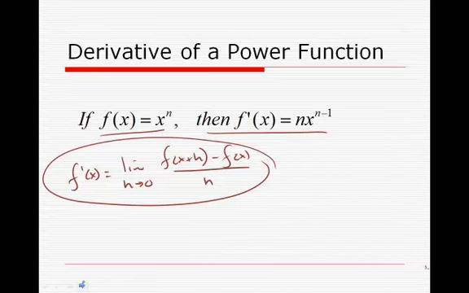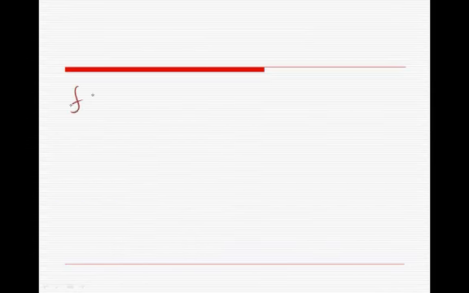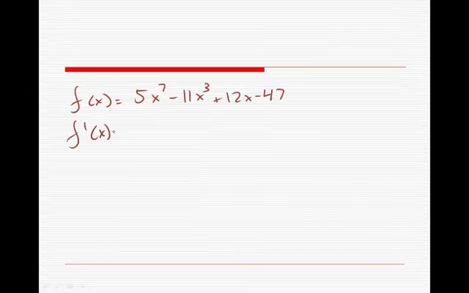So let's try a couple using this power rule. If f of x equals 5x to the 7th minus 11x cubed plus 12x minus 47, f prime of x, 7 times 5 is 35, drop the power by 1. 3 times 11 is negative 33, drop the power by 1. 1 times 12 is 12, and then the constant disappears.